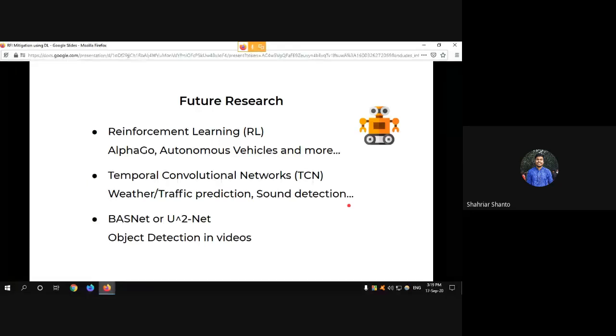It goes on playing and learning what steps and logics are really useful for this problem, then becomes better and better in that game, and that game can be any application. So I think in RFI mitigation also, reinforcement learning can be useful.